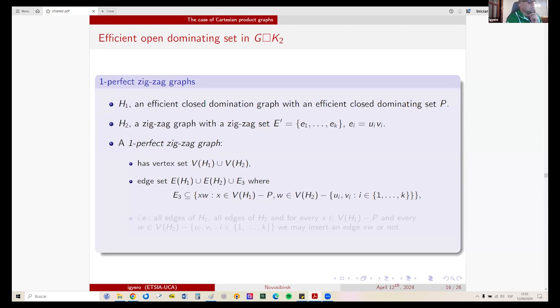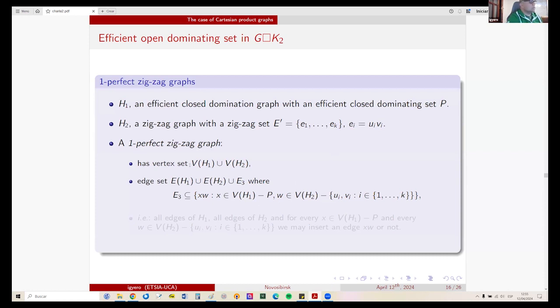We can have edges of the form XW, where X is in the set of vertices of H1 minus the efficient closed dominating set, and W belongs to the vertices of H2 minus the vertices involved in the zigzag set. So these are vertices which are not involved in the domination set.